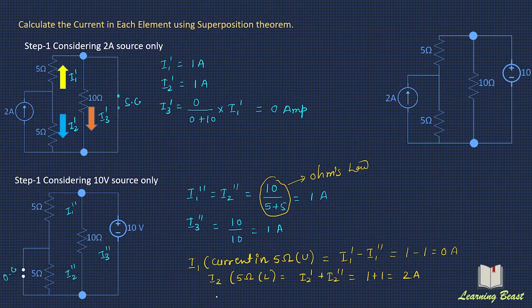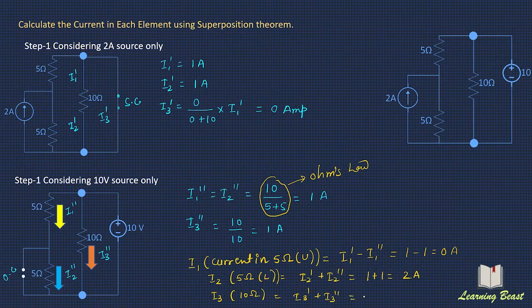Now the current I3, which is in the 10 ohm resistor, is equal to I3 dash plus I3 double dash, equal to 0 plus 1, which is 1 ampere.